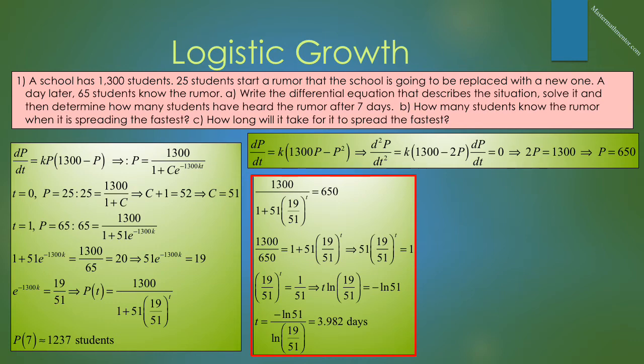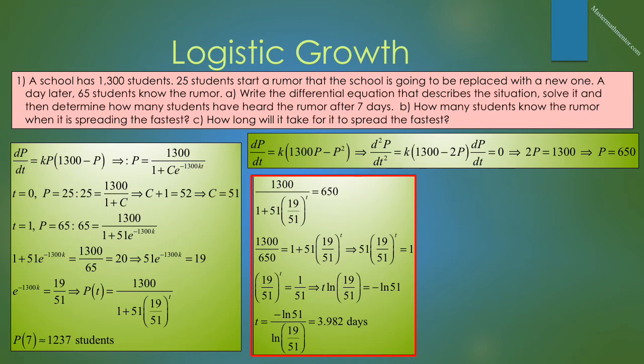Solving that, we get 1,300 over 650 is equal to 1 plus 51 times (19/51) to the t. Since 1,300 over 650 is 2, we get 51 times (19/51) to the t is equal to 1, or (19/51) to the t is equal to 1 over 51.